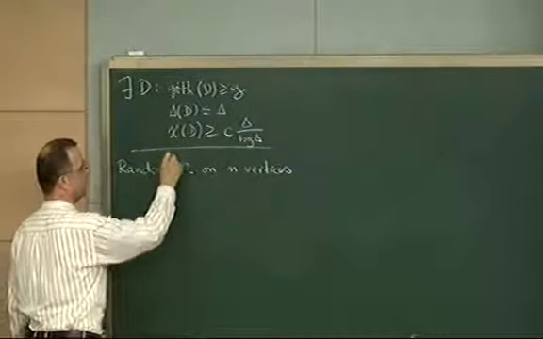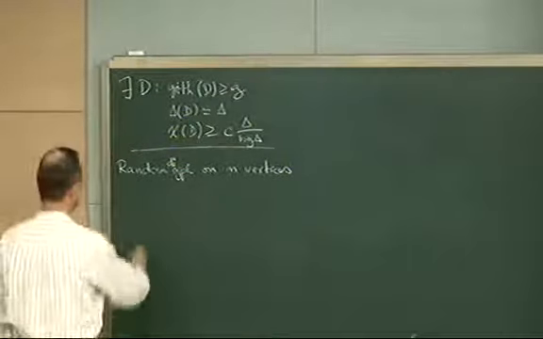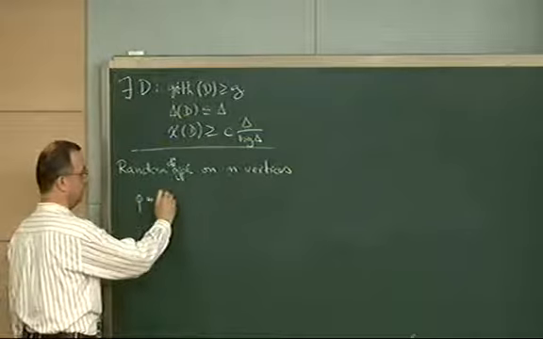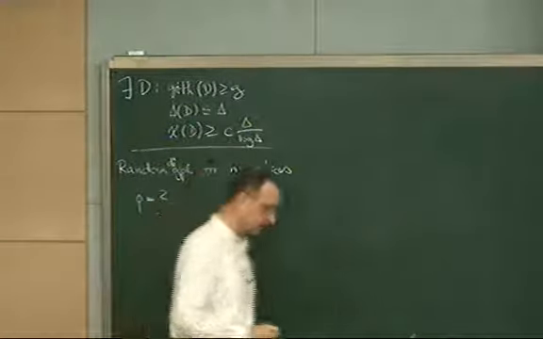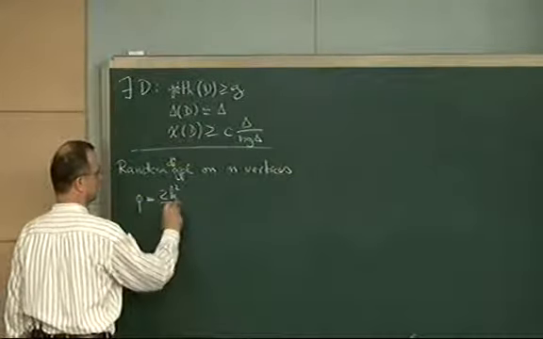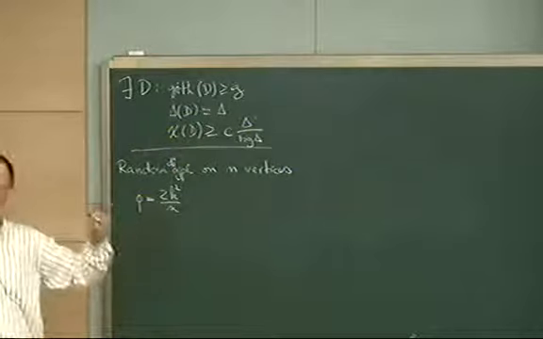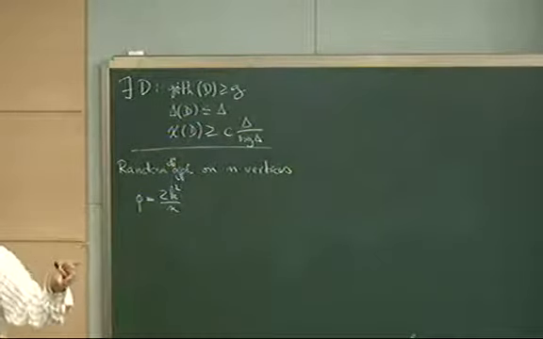Now here I need a digraph. So I'll fix a probability P. I think 2 times k squared over n would work. So this is a probability for an edge to be included in this digraph.